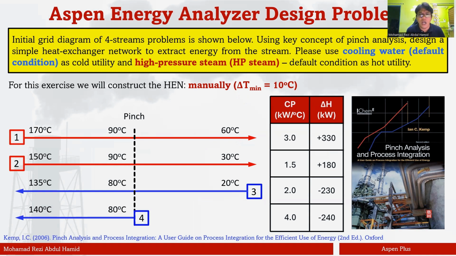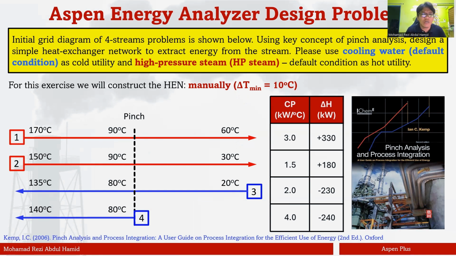A few important things to look for here: our delta T minimum, which is 10 degrees Celsius. Our cold utility is cooling water, using the default condition provided by the software. And we will use high pressure steam as our hot utility, using the same default condition as well.